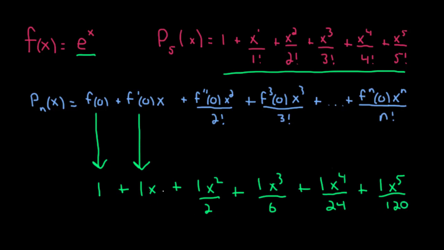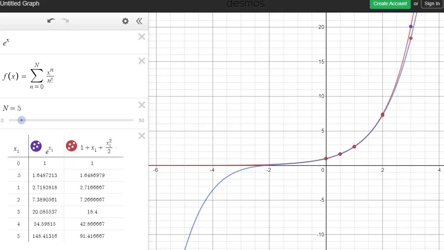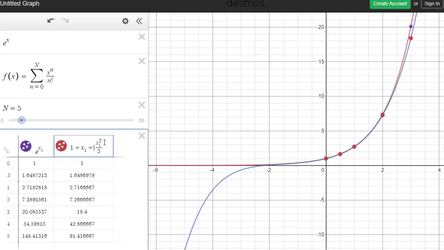So this green polynomial here, we could clean this up a little bit. Well, I guess that is pretty cleaned up, but we could get rid of all the ones if you wanted to, and it would look like this up here. But that green polynomial really is the function right here.